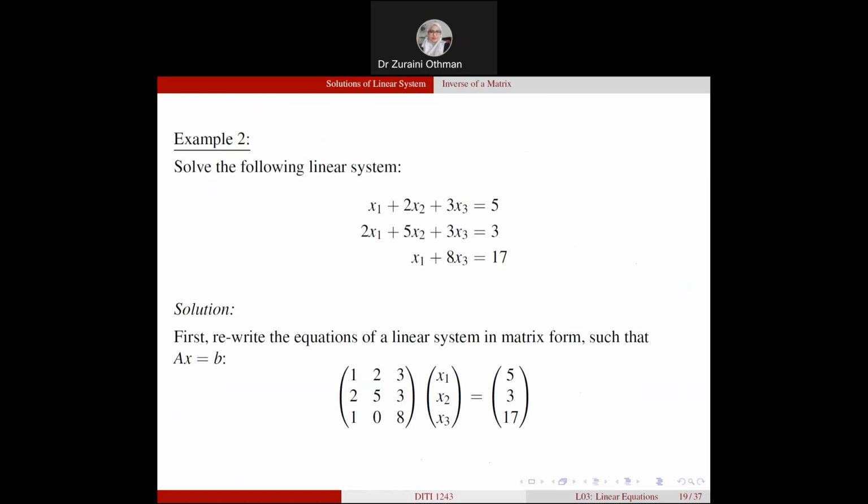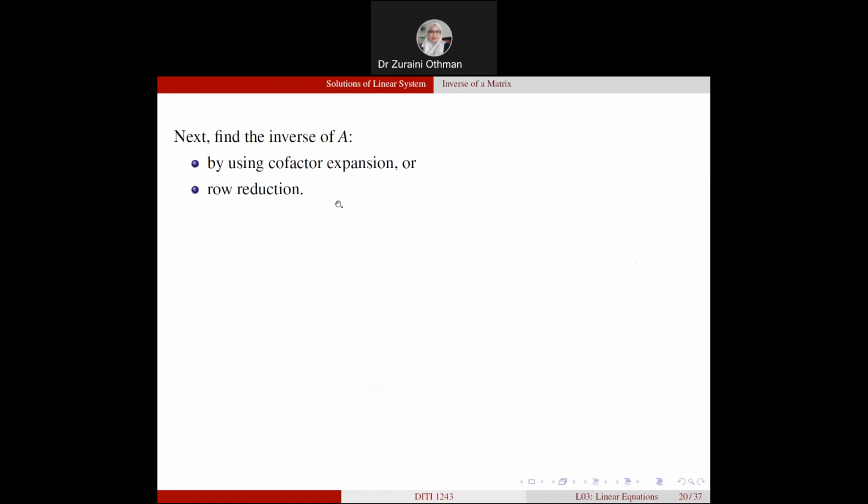Okay, this is the matrix. Just now, yang matrix A kita 1, 2, 3 from the question. 2, 5, 3, and 1, 0, 8.